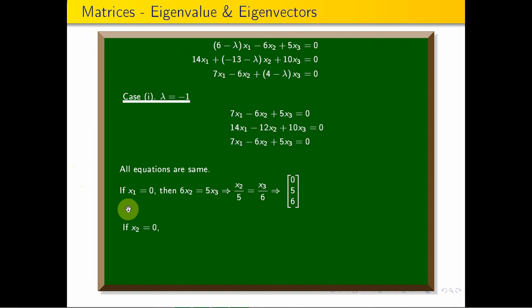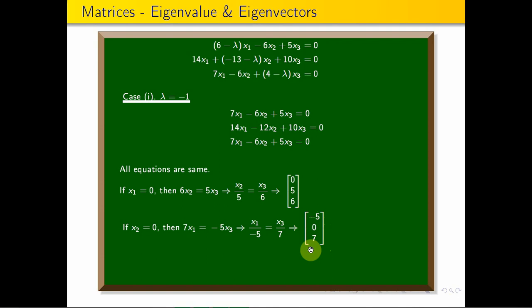Next, you take x2 equal to 0, then apply in the first equation itself. It is 7x1 is equal to minus 5x3. This implies that x1 by minus 5 is equal to x3 by 7. This implies that we get the eigenvector is (minus 5, 0, 7).